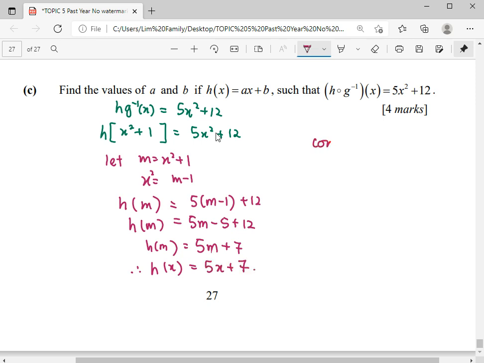I compare to the question they give us, they say hx is equal to ax plus b. What I get here is hx equals 5x plus 7. So from here I can compare the coefficient of x, where a is equal to 5. Then the constant at the back, b, is equal to 7.